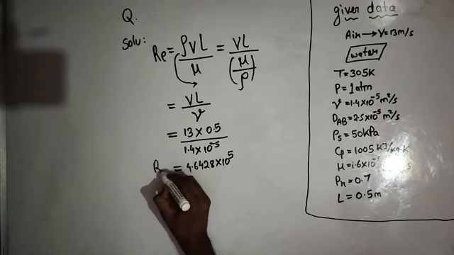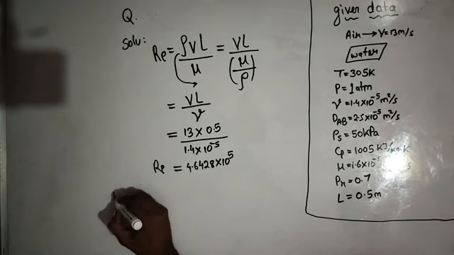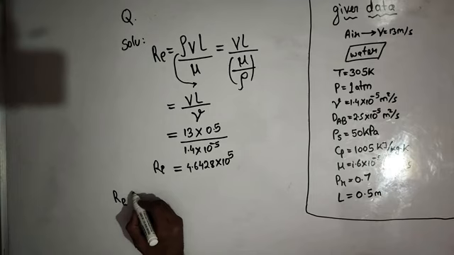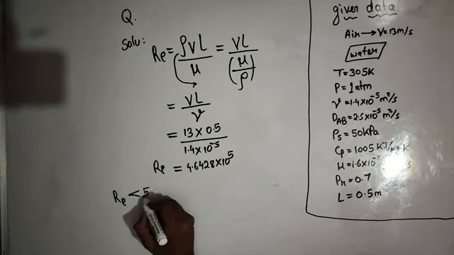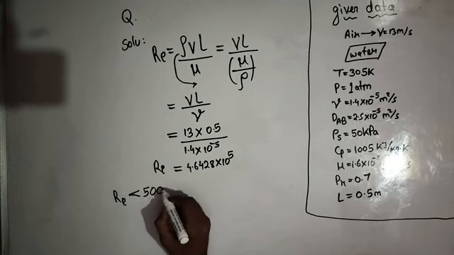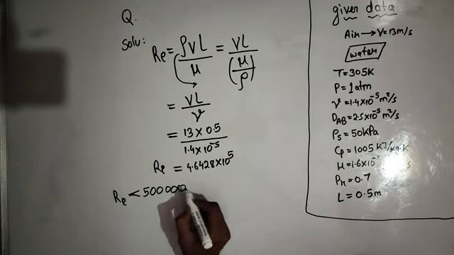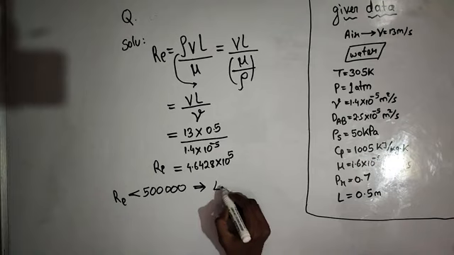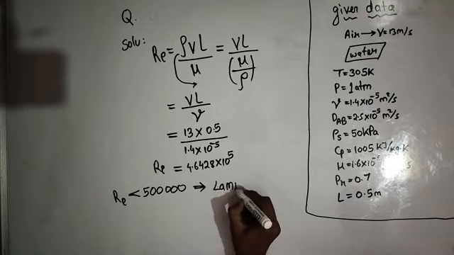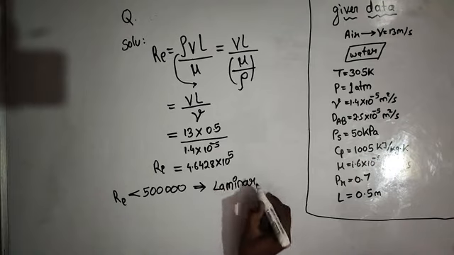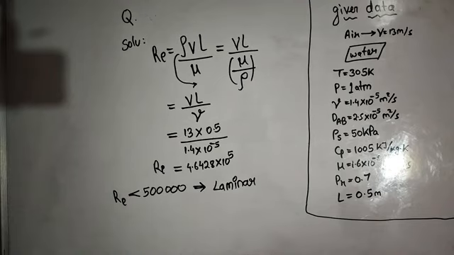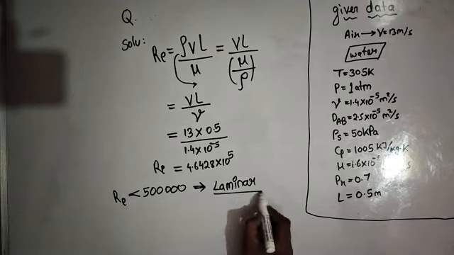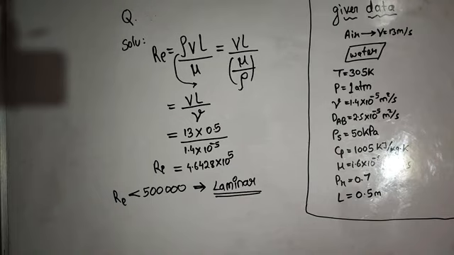So after looking at this Reynolds number, we can see that the Reynolds number is less than 5 lakhs, from which we can conclude that the flow is laminar.